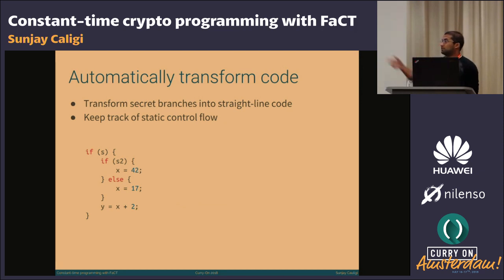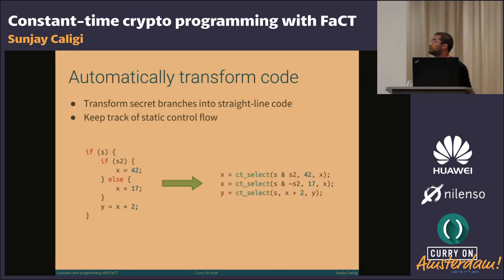So for all of this static control flow, if you have secret branching, we can transform each of those assignment statements into these sort of constant time selections. So if S and S2 are both true, then X will get assigned the value 42, otherwise it will stay the same. Same for the next case, same for the next case. Like if S is true, then Y will get assigned X plus 2, otherwise it will stay the same.